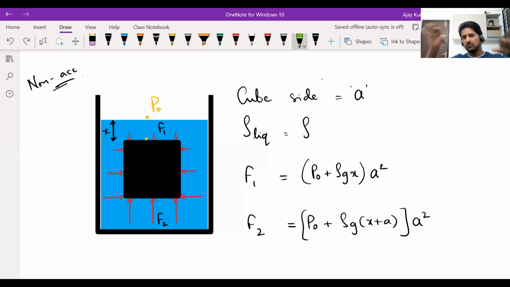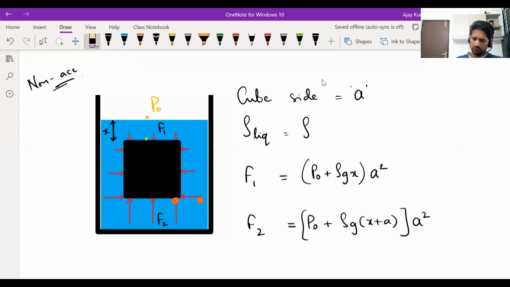Basically, the surrounding water itself creates the pressure. Like at this point, the pressure is P naught plus rho g into x plus a, then the pressure here, here, here, at all points at the same horizontal level will be the same. So the entire base of the cube will be at a pressure of P naught plus rho g x plus a. Multiply that with area a square, and you get the force acting on it.